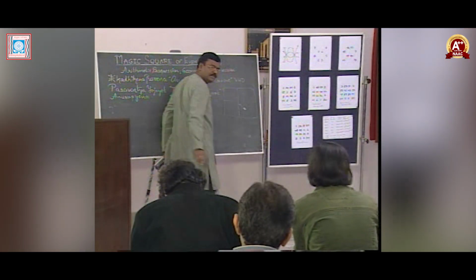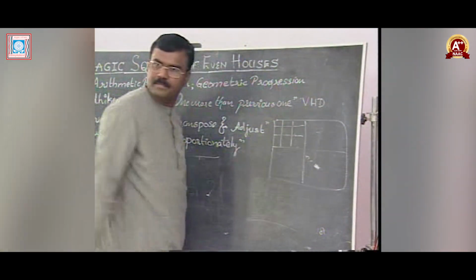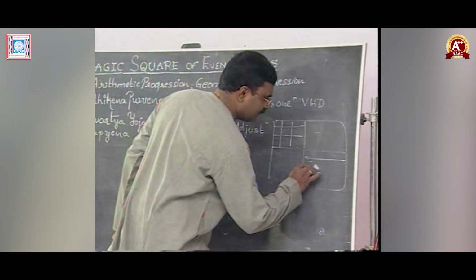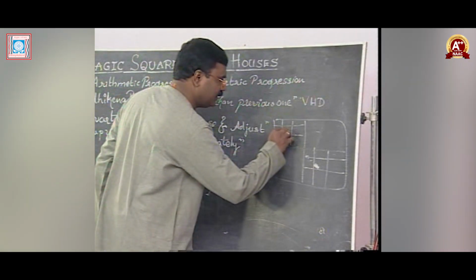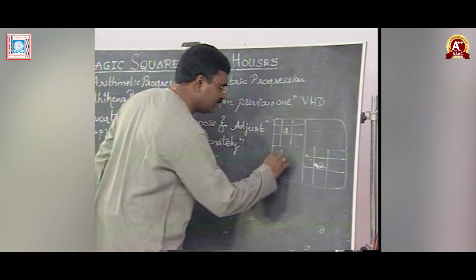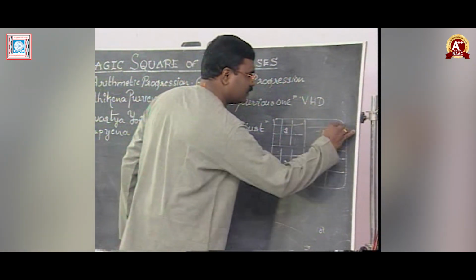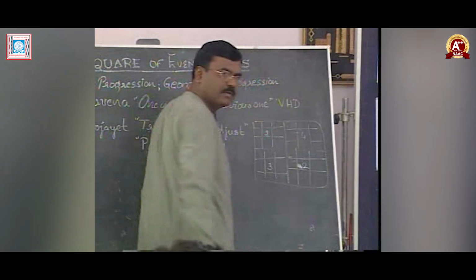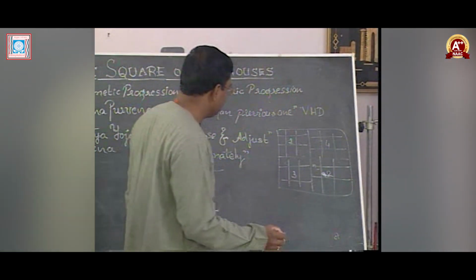In a 6 by 6 houses, first 3 houses will take place here, second here, third you feed in this column, fourth in this column. We will take the 3 by 3 house separately. What is the difference? Please listen to me.